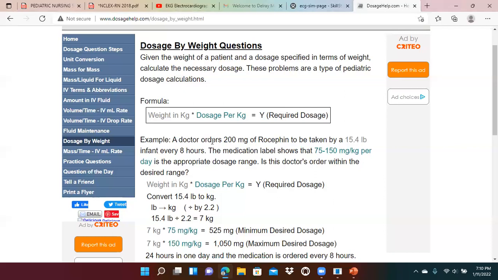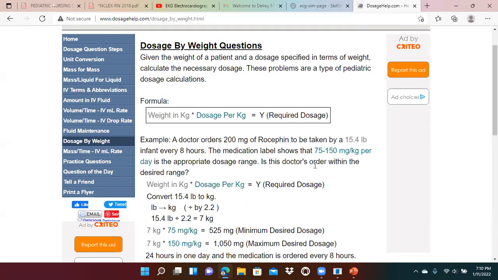Like example, a doctor ordered 200 milligram of roxapine to be taken by a 15.4 pound infant every 8 hours. The medication label shows that 75 to 150 milligram per kg per day is the appropriate dose range.